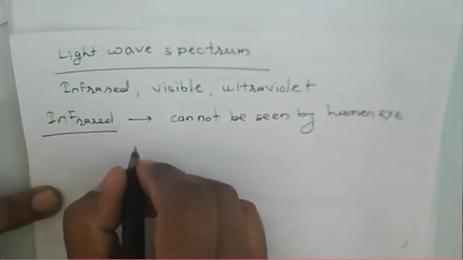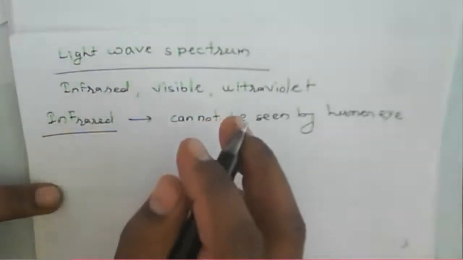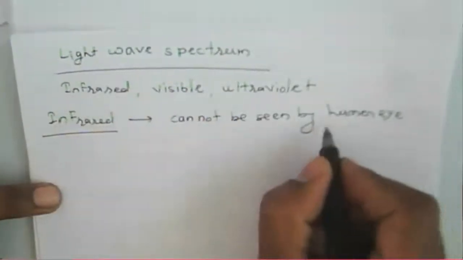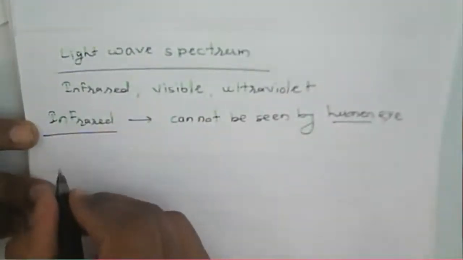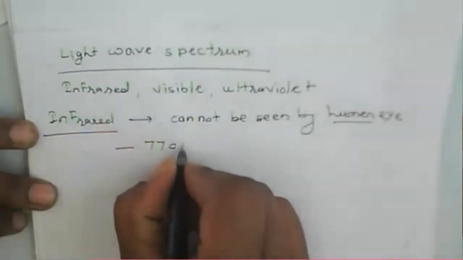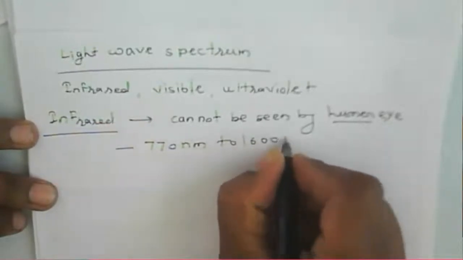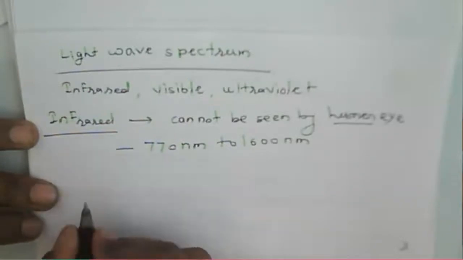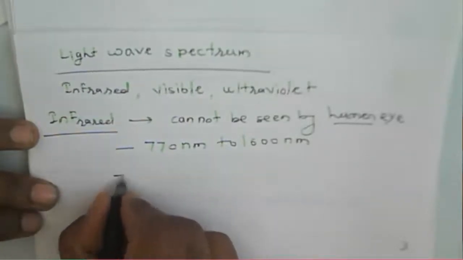Its frequency is quite high, but in terms of visibility, it cannot be seen by the human eye. And it has a range of 770 nanometer to 1600 nanometer.